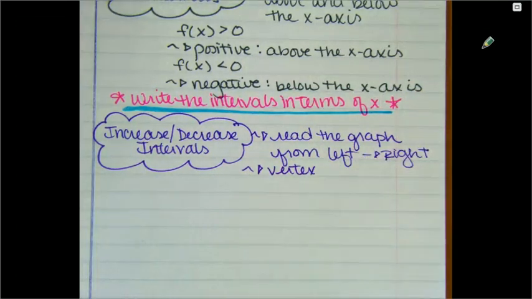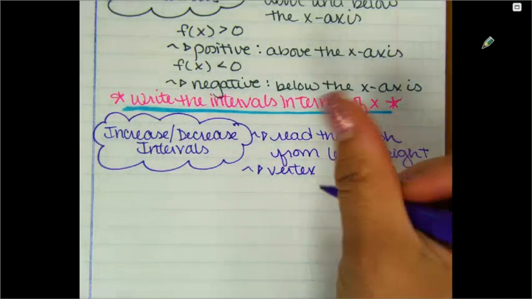So if your parabola is like this, you're starting up here, and you're coming what? Down. So is that increasing or decreasing? Decreasing. And then right about here, you turn and go what? Up, which is now what? Increasing. So what is that point here? The vertex. So the vertex is the changing point, the turning point.